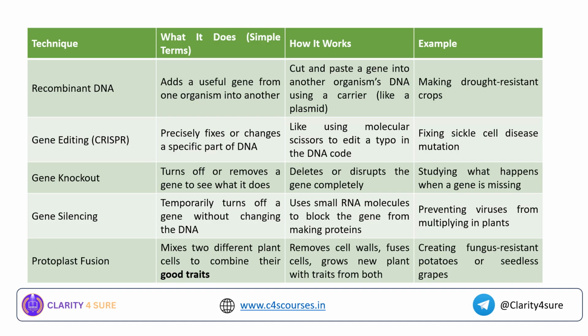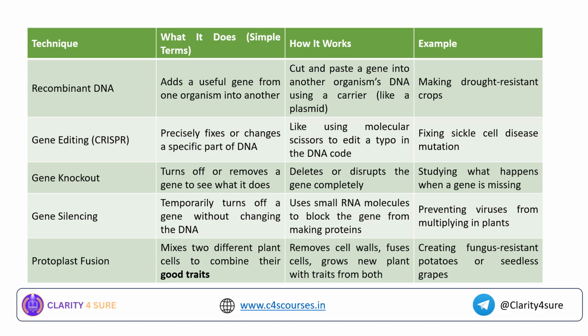Okay, here the cutting and pasting of the gene will not be precise, rather it will be done without precision. An example of recombinant DNA is making a drought resistant crop, where an important drought resistance trait gene is taken from one particular plant and inserted into the gene of another plant, making the outcome plant drought resistant.